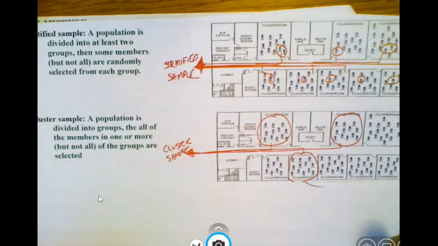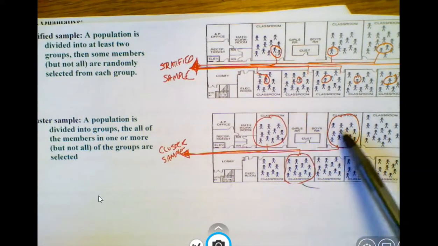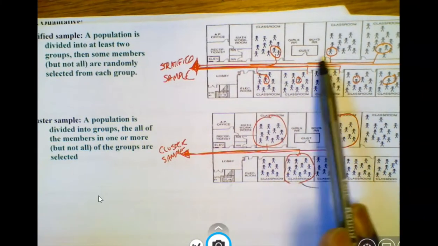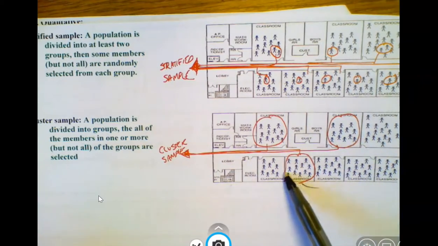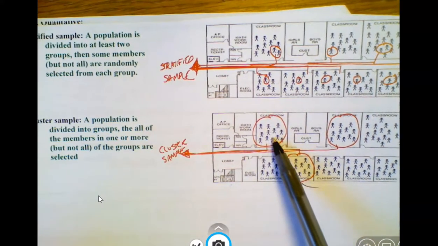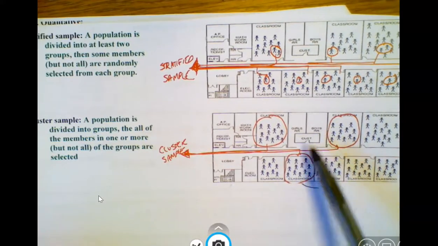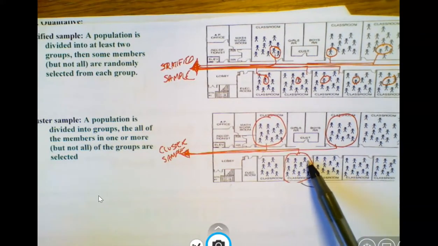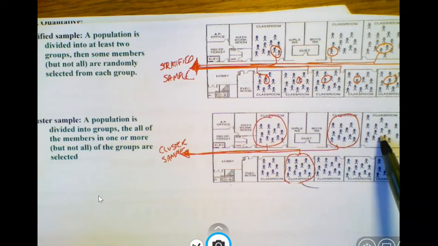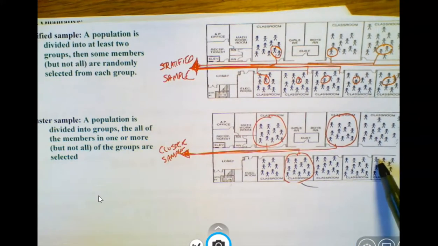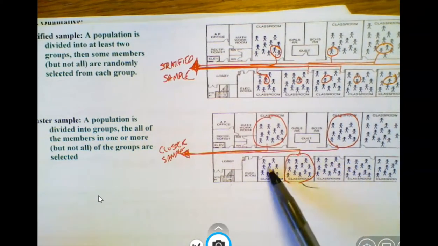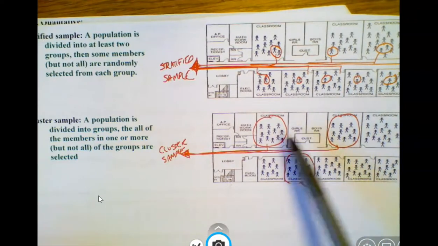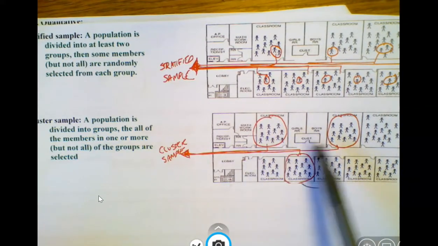So that means that instead of randomly selecting somebody from all the classes, so all the classes have a representative, we will randomly select a few groups of classes and say, okay, I'm taking all the people in biology, all the people in art, and all the people who take math. And they ignore the people who are in theater, they ignore the people who take gym and history and science and foreign language. So they ignore large groups of people. They'll have no representatives in this study.